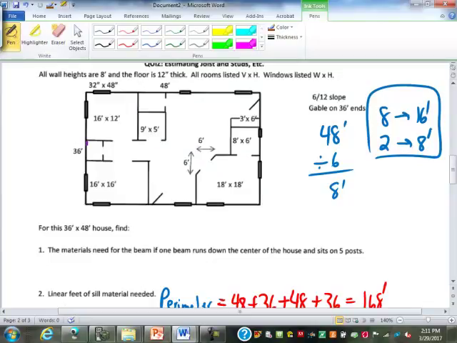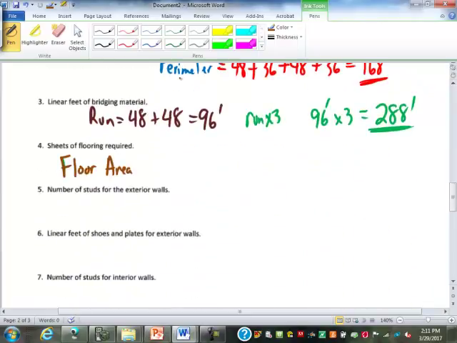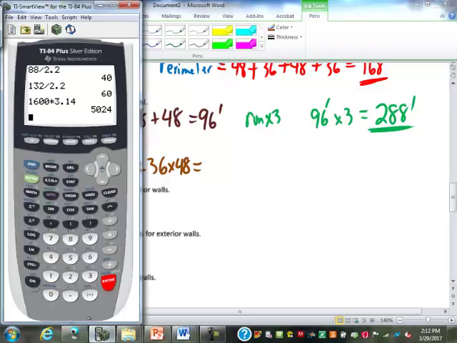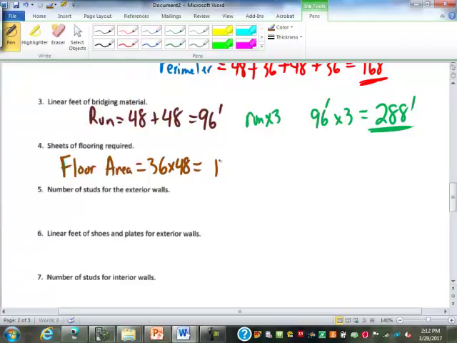Well, the floor area is just going to be 36 by 48, correct? So 36 by 48 is going to be 1,728 square feet.